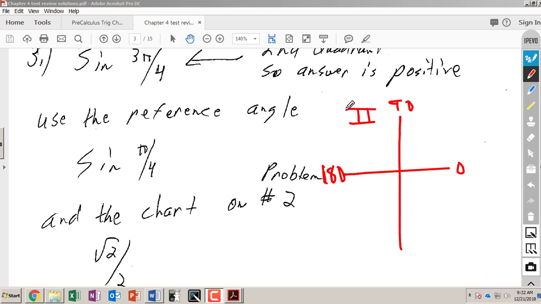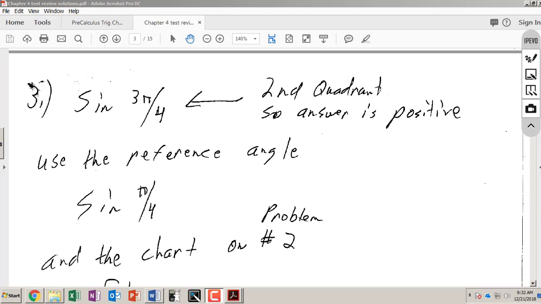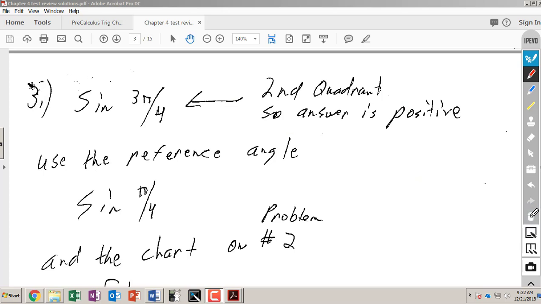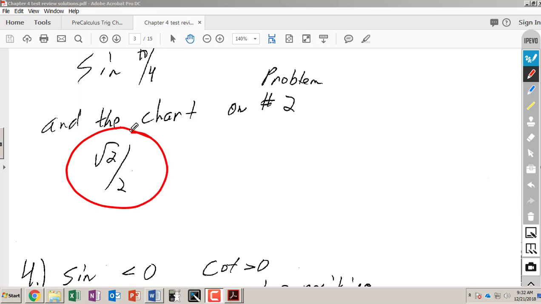Now since it's in the second quadrant, I know that that answer is going to be positive. So I've written right up here, I'm in the second quadrant, so that answer is positive. So your answer to this problem comes out to be the square root of 2 all over 2.